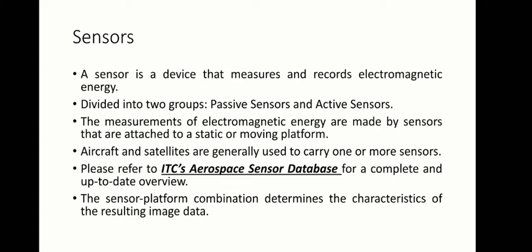Sensors used for remote sensing can be either those operating in the optical infrared region, we call it the OIR region, or others operating in the microwave region. Depending on the source of energy, as I've earlier mentioned, sensors are divided into two categories, active sensors and passive sensors. So what is a passive sensor?